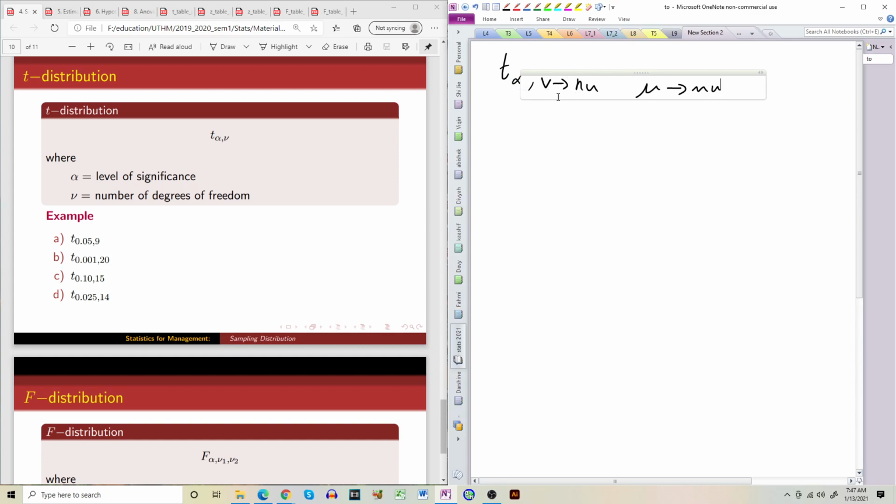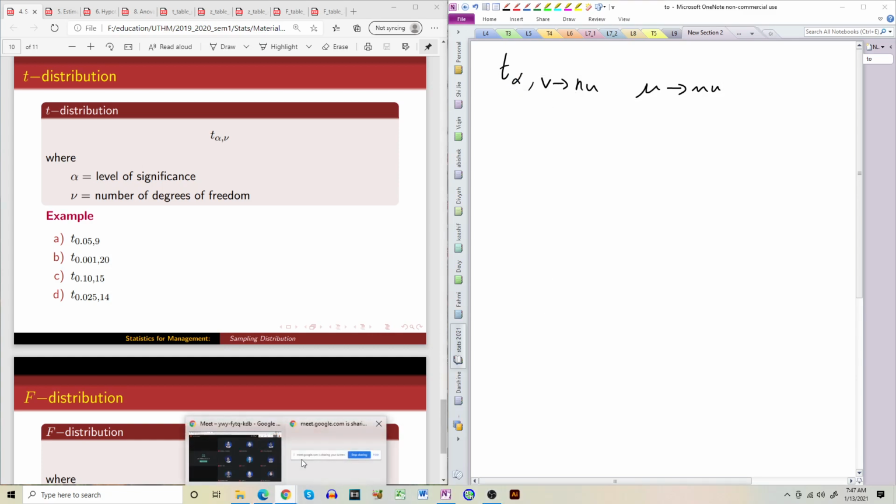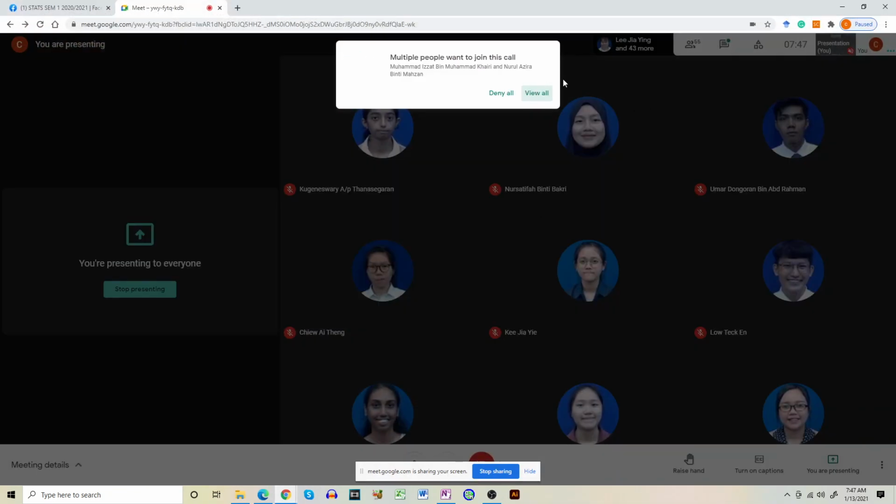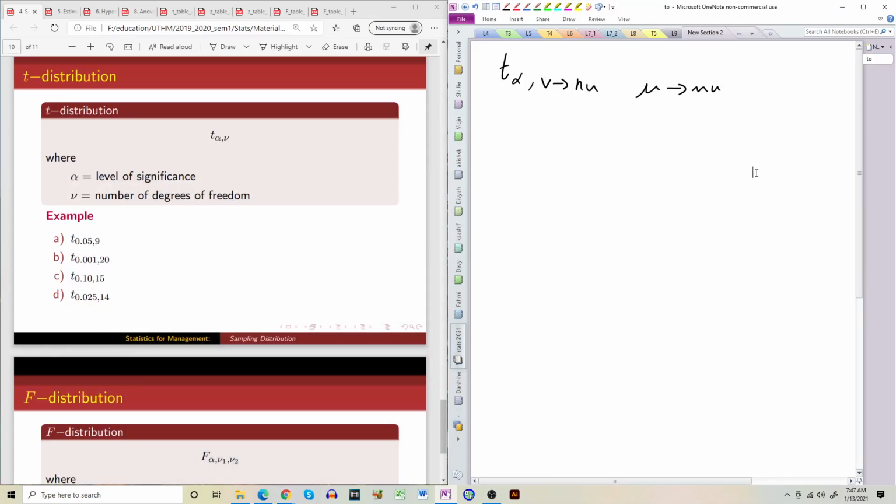I will call this nu. Alpha is known as the level of significance, and nu is known as the degree of freedom. These are the parameters for you to find T.